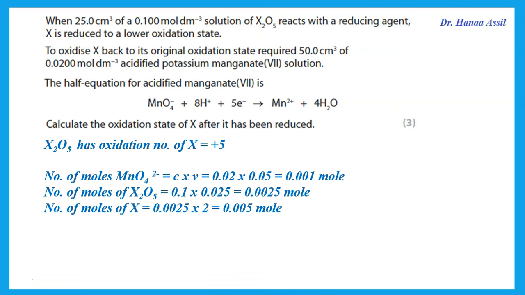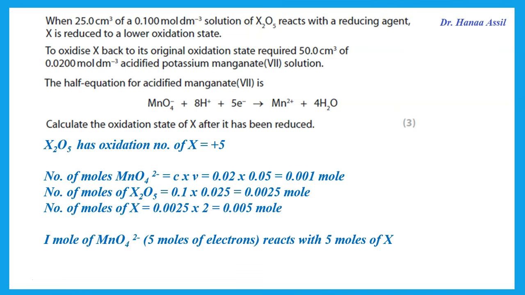Each mole of X2O5 gives 2 moles of X. So if I have the number of moles of X2O5, I can get the number of moles of X. Now, comparing the permanganate to the X, if we're looking at the ratio between them, 1 mole of permanganate, which takes 5 moles of electrons, reacts with 5 moles of X. And that means that the oxidation state of X changed by 1. So from plus 5, it went down by 1.